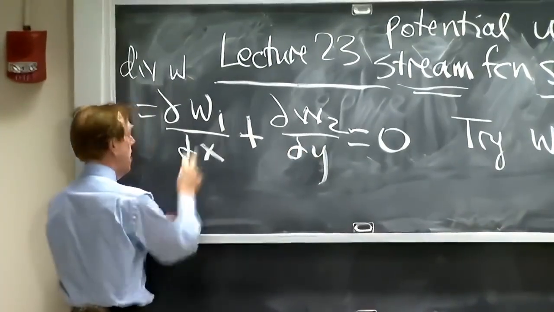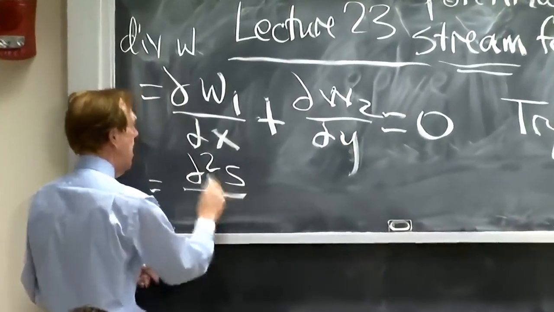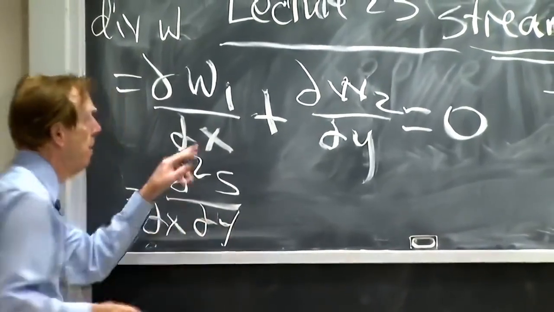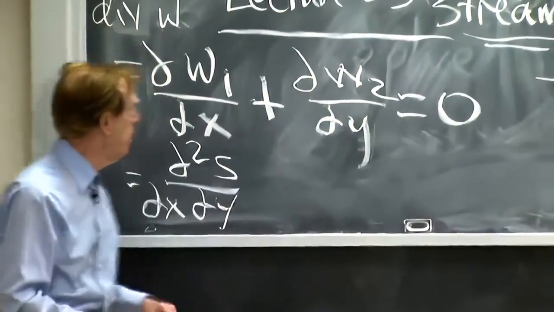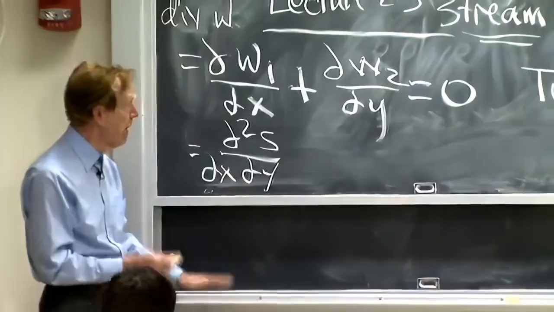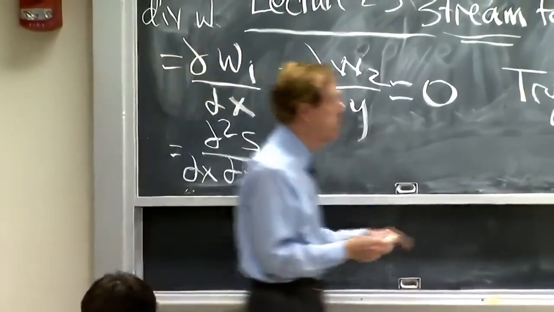So let me see. If w1 is ds dy, the x derivative of w1 will be the x derivative of the y derivative, right? If w1 is the y derivative, then when I take the x derivative, I've got this cross derivative. So what would be the smart choice for w2?